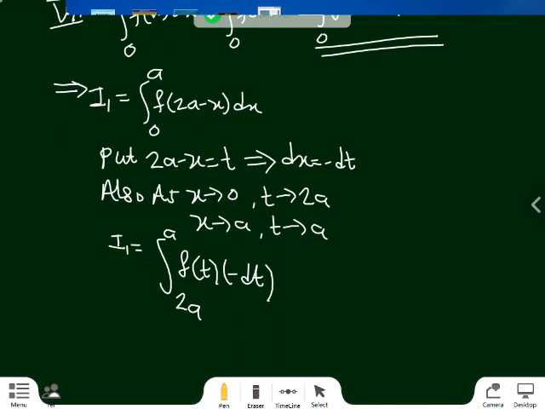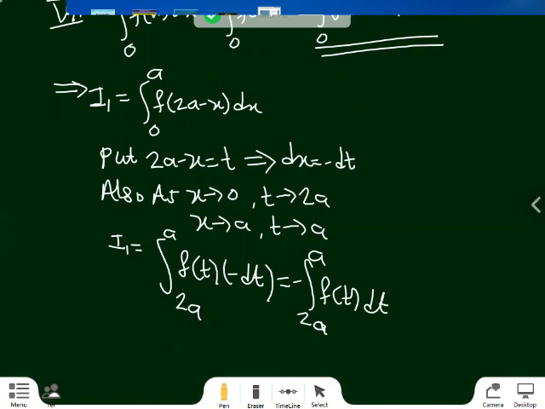Now take the negative sign outside the integral, so it becomes minus times integral 2a to a f of t dt.